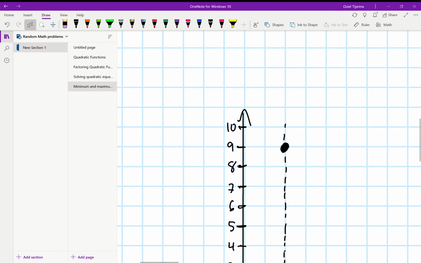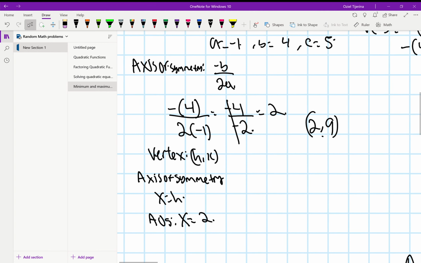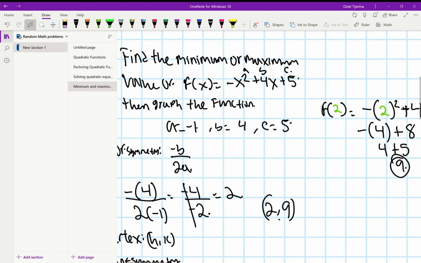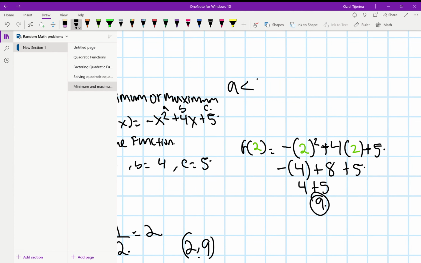And obviously, we already kind of know that, since a is less than 0, it will be a downwards parabola, okay?